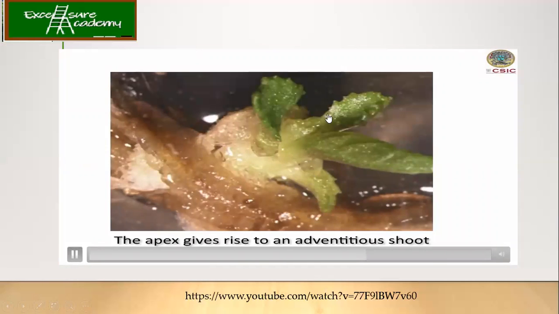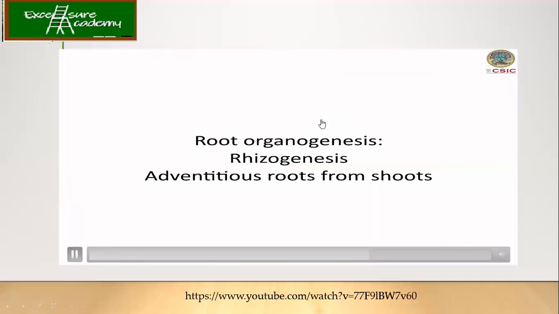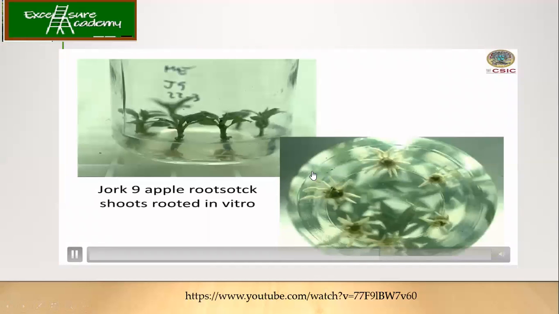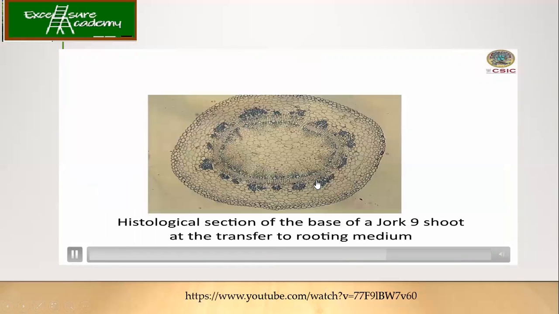Now from here, the shoots, you can see the primordia, the leaves are getting regenerated. Root organogenesis is also called rhizogenesis. This is in solid media. If you remember your cortical cells and xylem and phloem cells, then you can study all these images.